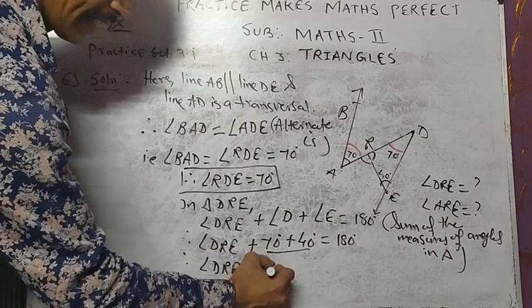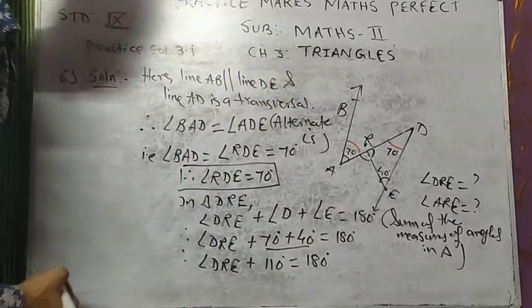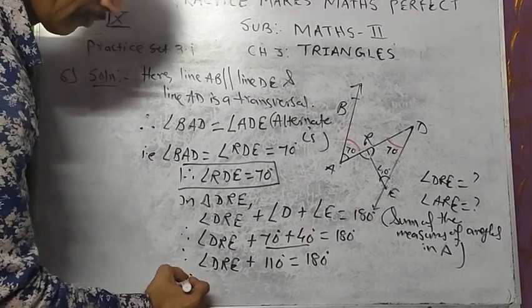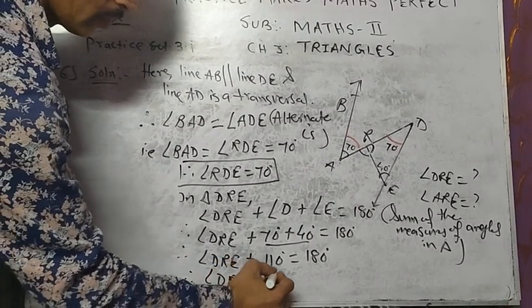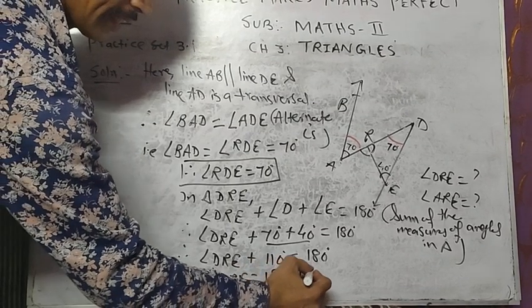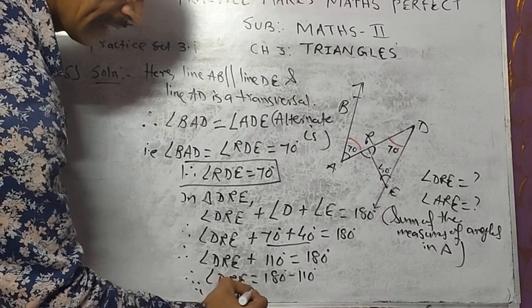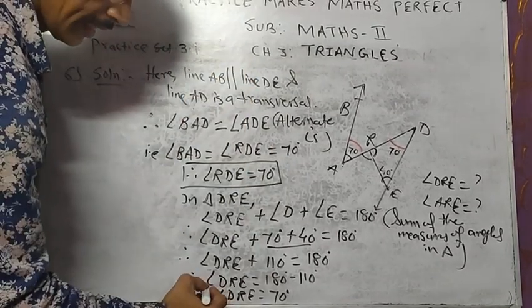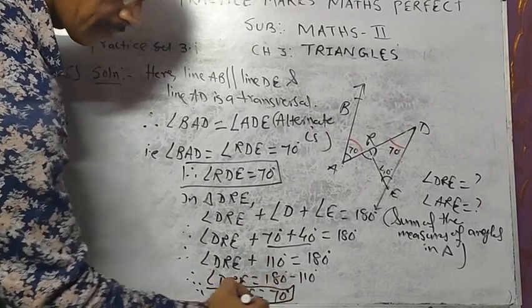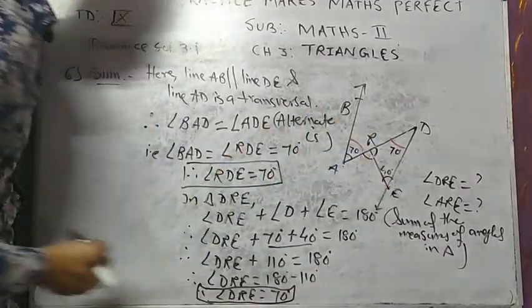DRE plus 110 is equal to 180 degrees, and therefore angle DRE is equal to 180 degrees minus 110 degrees. So very easily you will get angle DRE is equal to 70 degrees. So angle DRE you got 70 degrees. Okay, one answer you got.